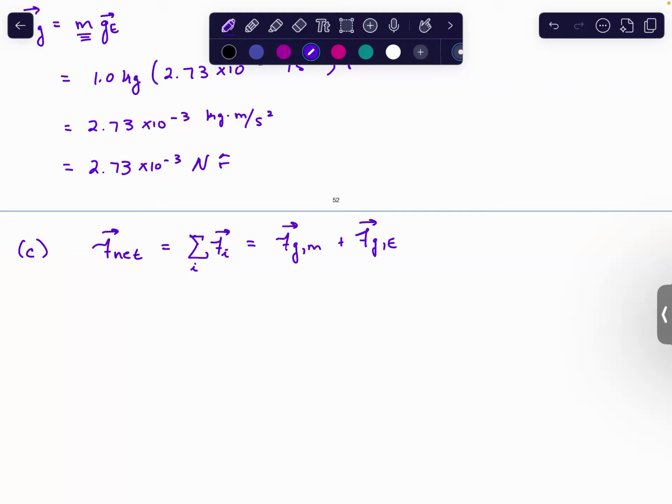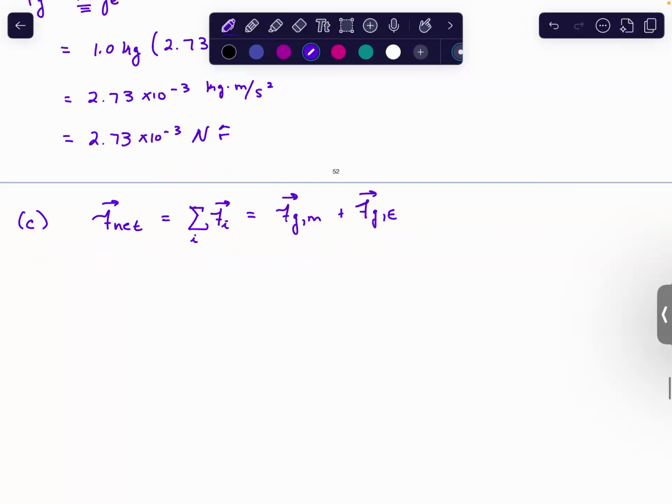We're going to call towards the moon the positive direction. And so that means the force of gravity towards the Earth is in the negative r hat direction. So we have the force of gravity of the moon, r hat, minus the force of gravity due to the Earth, r hat. So it's a negative r hat direction. It's the gravity exerted by the moon minus the gravity exerted by the Earth.